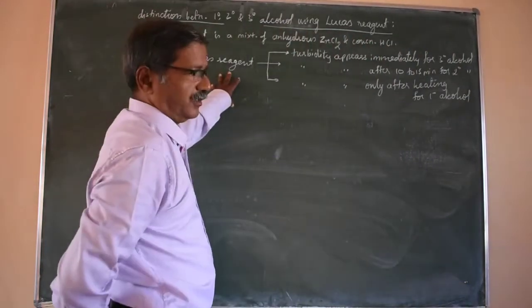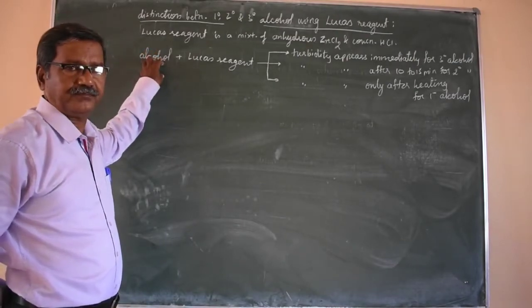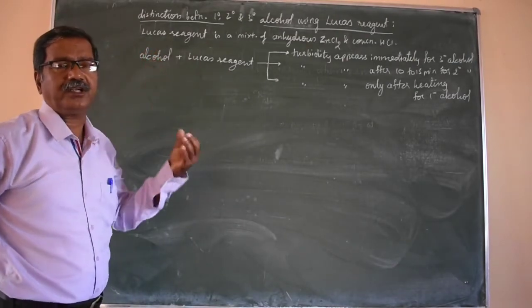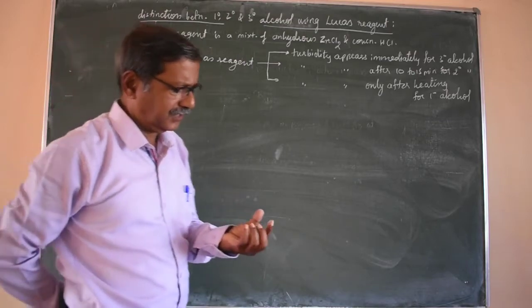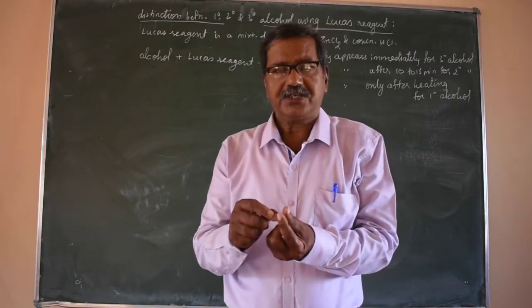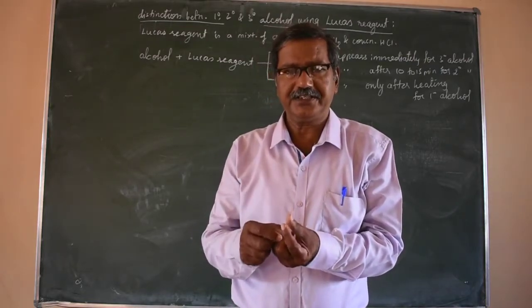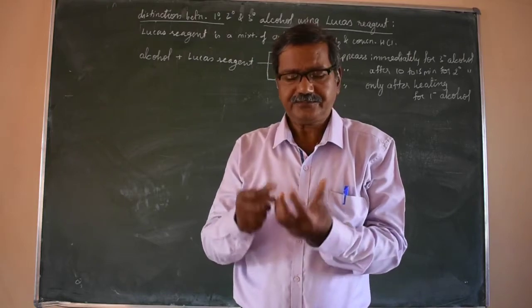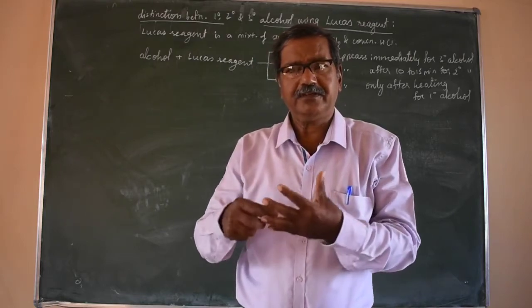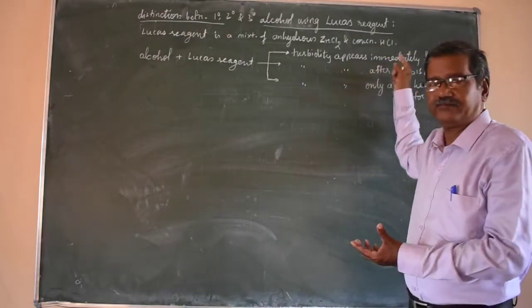So if an alcohol is given to you and you are asked to identify what type of alcohol it is, just take the alcohol in a test tube, add Lucas reagent, a mixture of anhydrous ZnCl2 and concentrated HCl, and mix it. If turbidity appears immediately, then it is tertiary alcohol.